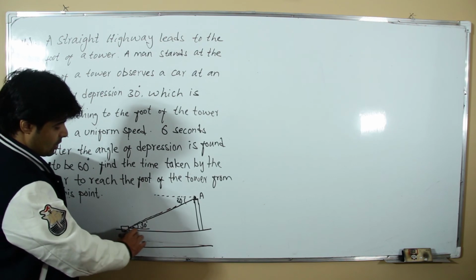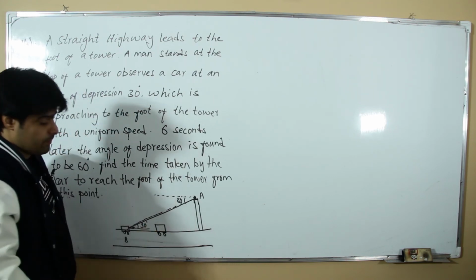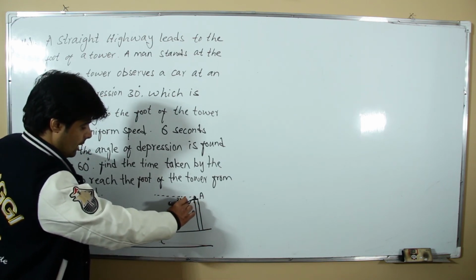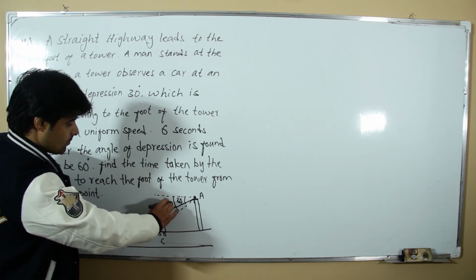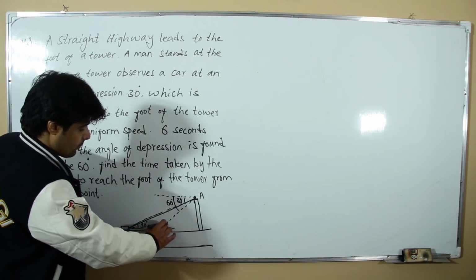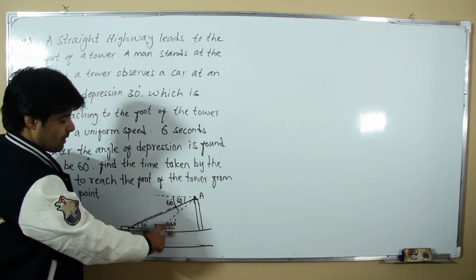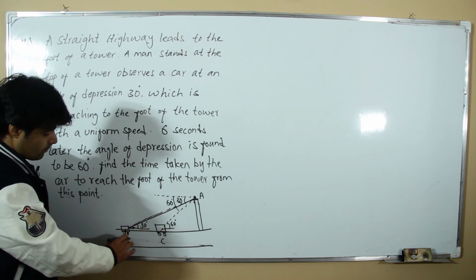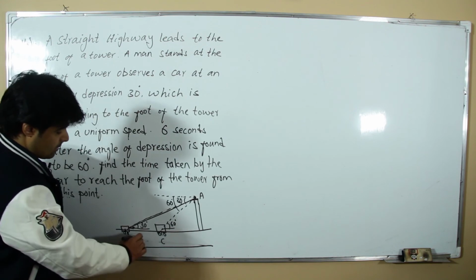After some time, this car approaches here, which is point C. Now the angle of depression is 60 degrees. The angle of elevation is also 60. Depression is 60, elevation is also 60. This time is given from point B to point C, it is 6 seconds.